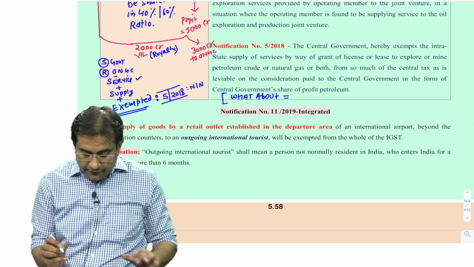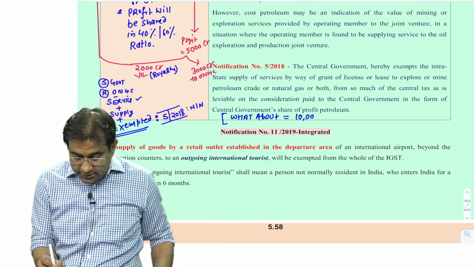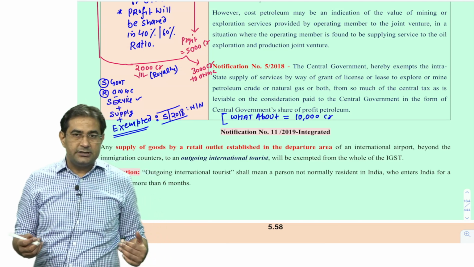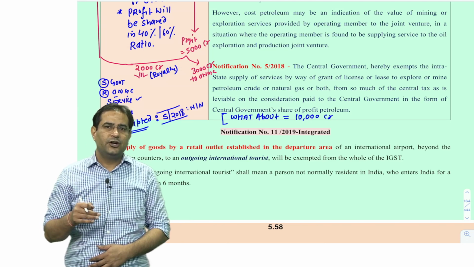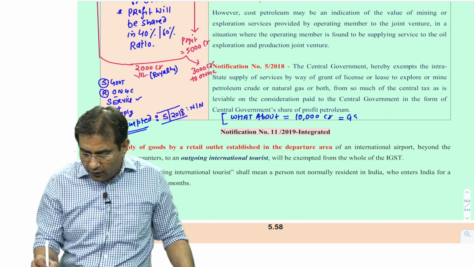Now sir, what about cost petroleum, whether 10,000 would be liable to GST? Sir, it's not a question basically. The 10,000 is the expenses incurred by ONGC itself, so there is no question of supply and no question of GST at all, my dear.